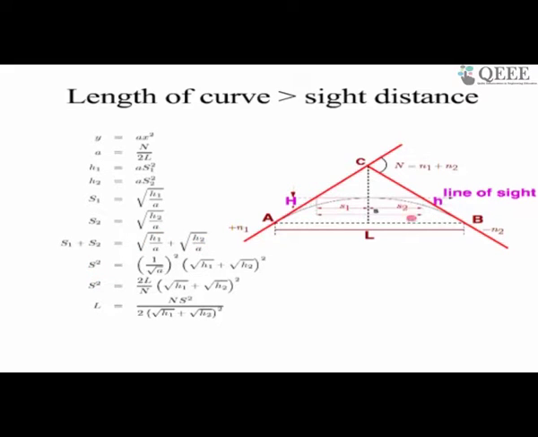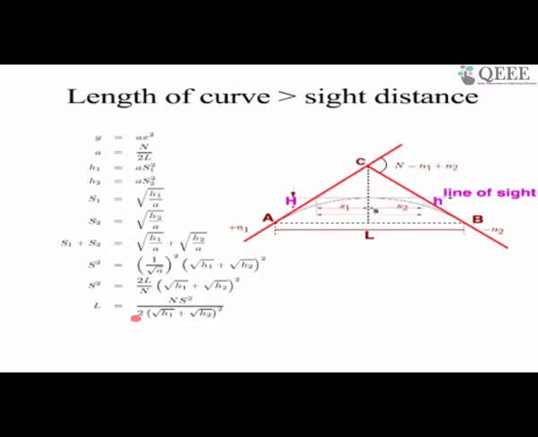Now this is equal to S. If we square this parameter, then we are going to get this whole parameter, and this is going to give me 1 by a, and we already know a is equal to N by 2L. So if we replace it, we are going to get this equation. Now our intention was to find L, which is the length of the curve. So L we can find out by this.